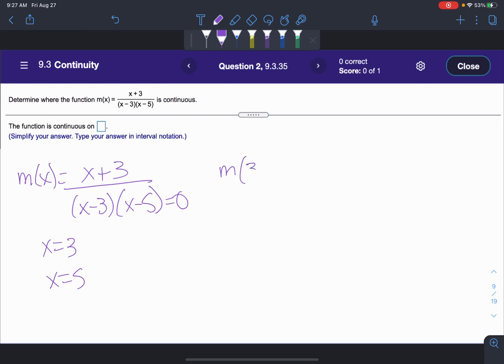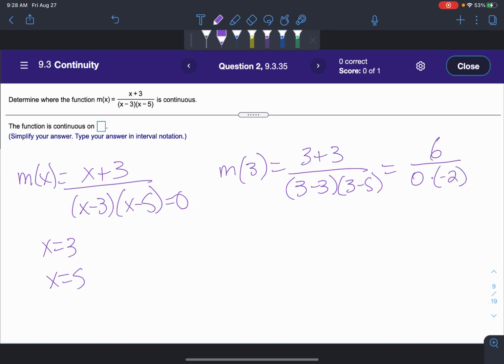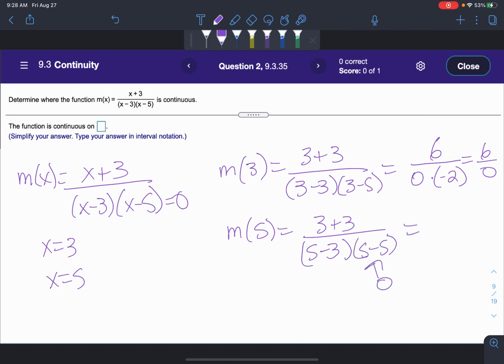If I do m of 3, I get 3 plus 3 over 3 minus 3 times 3 minus 5, which will give me 6 over 0 times negative 2, which is 6 over 0, which is not good. So that's why we cannot put 3 into m of x, and for the same reason, we can't put in 5, because that would make the denominator also go to 0, and so the whole thing will again go to 6 over 0.